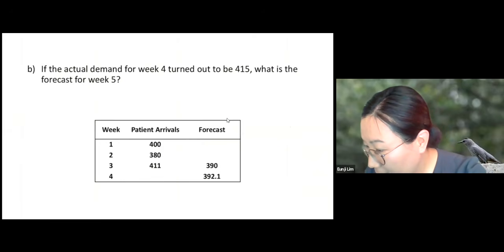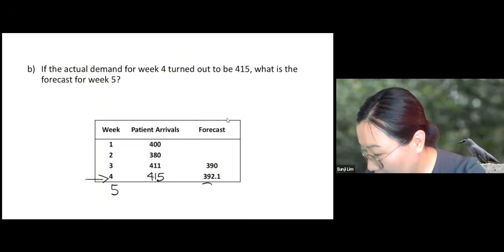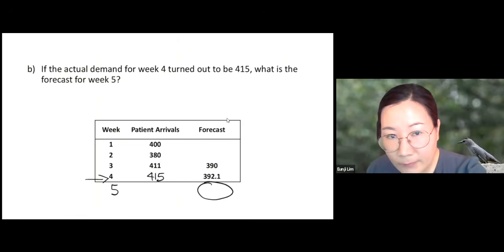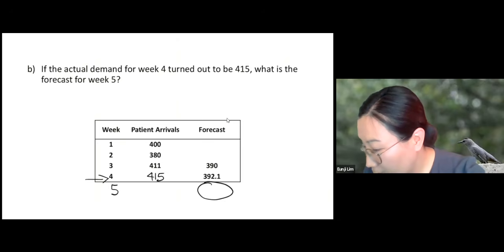If the actual demand for week 4 turned out to be 415, what's the forecast for week 5? So that means time has passed. We are at the end of week 4, and during week 4, we received 415 patients. Then what's our forecast for week 5? Again, we're going to use the formula.